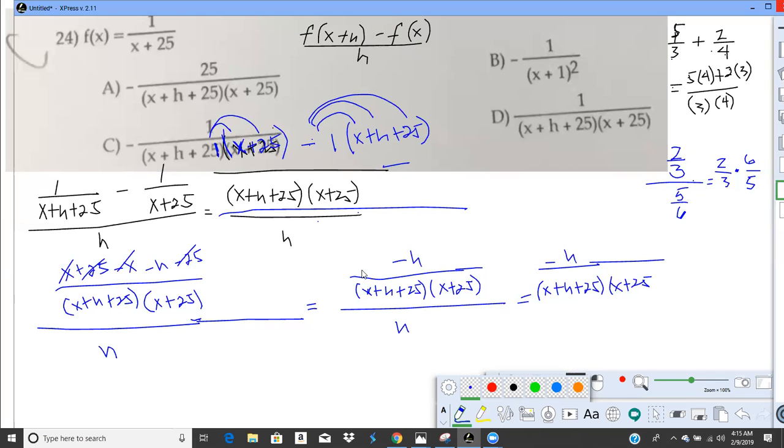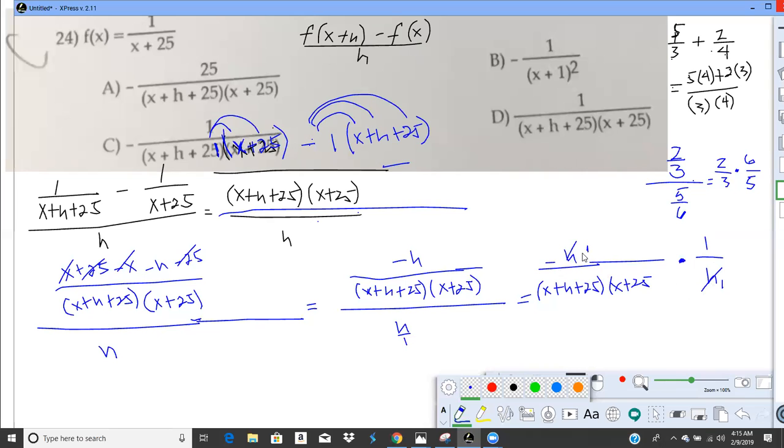This is your numerator. This division line becomes a multiplication, and then you flip the h. That's basically h over 1, so you multiply this with 1 over h because it's a reciprocal. Now this h and that h can be simplified.